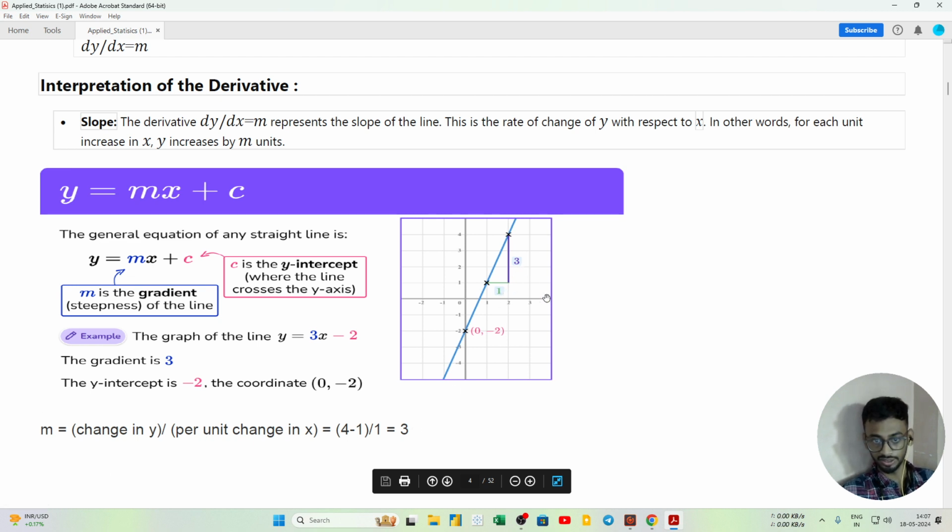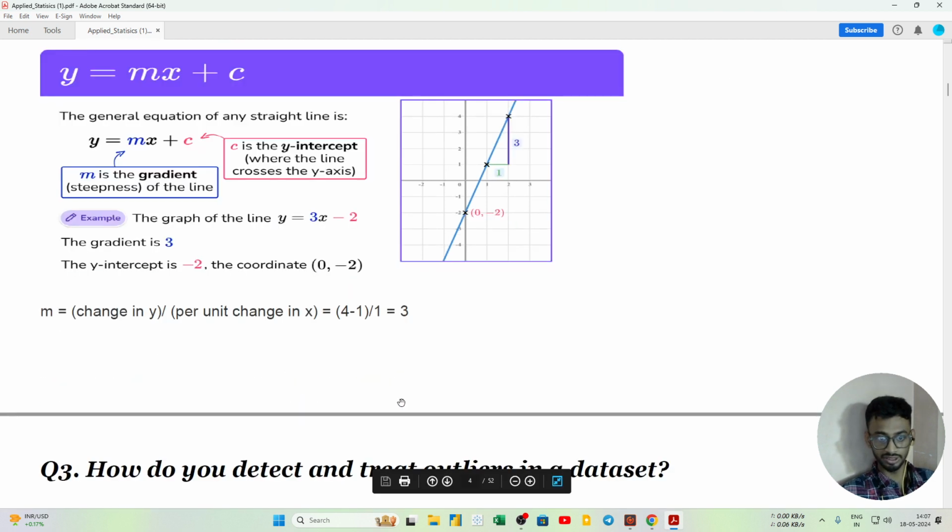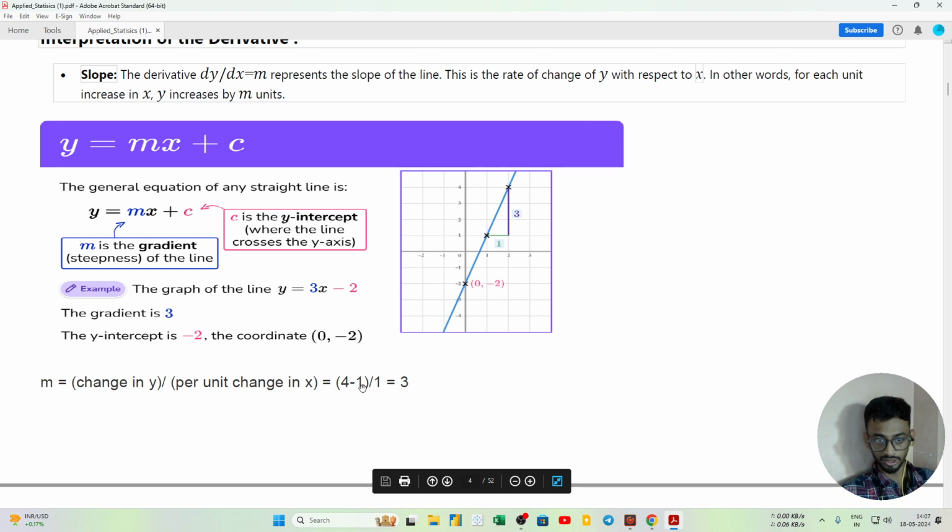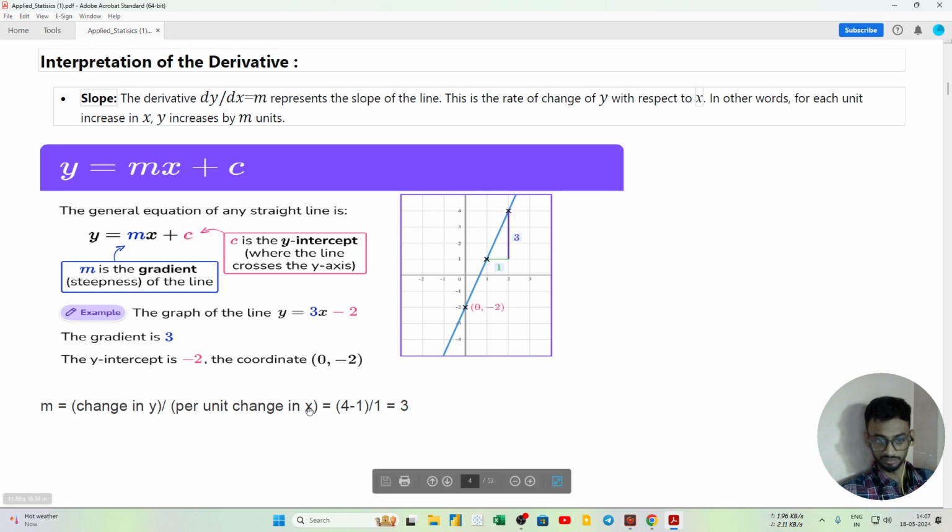So here the change is from 1 to 4, a change of 3, and from 1 to 2 the change is 1. So this is (4 - 1)/1, which is 3. And as this is a straight line, the derivative at any point of the function is constant. The derivative is not varying for a straight line function; the derivative is constant.